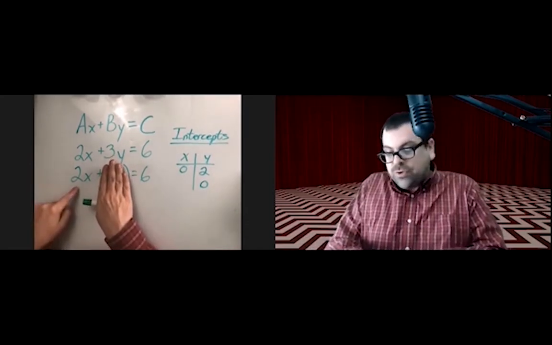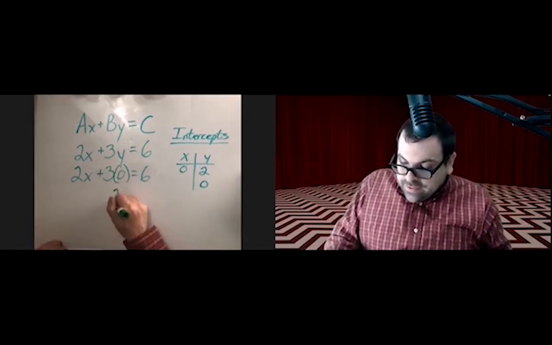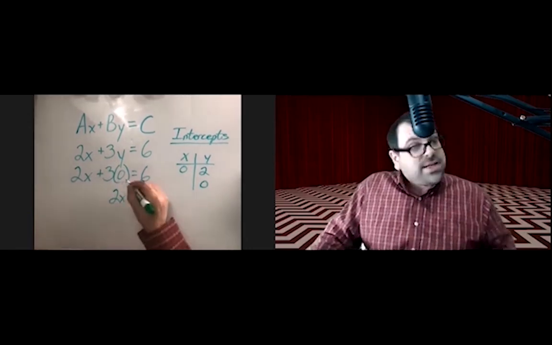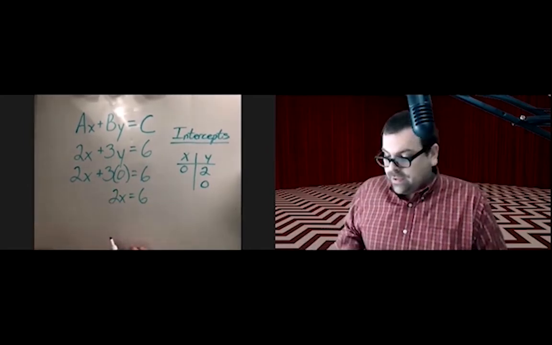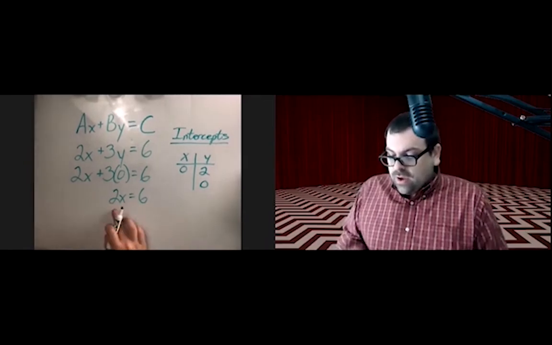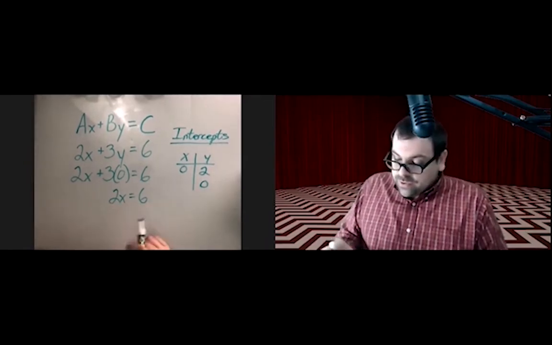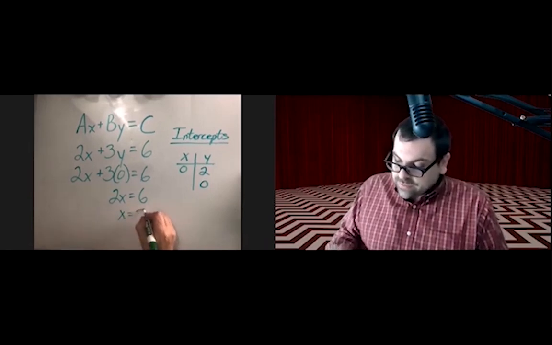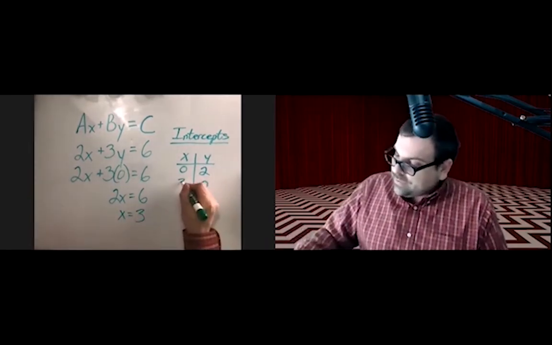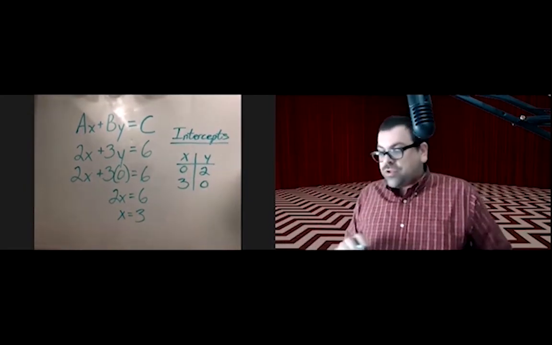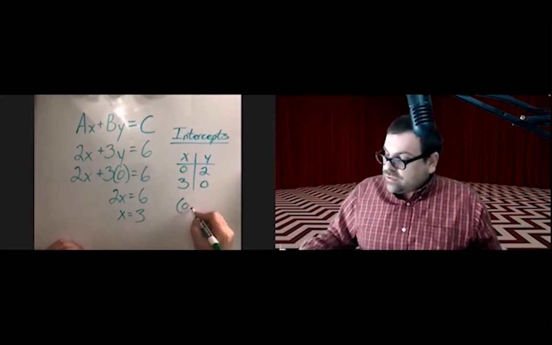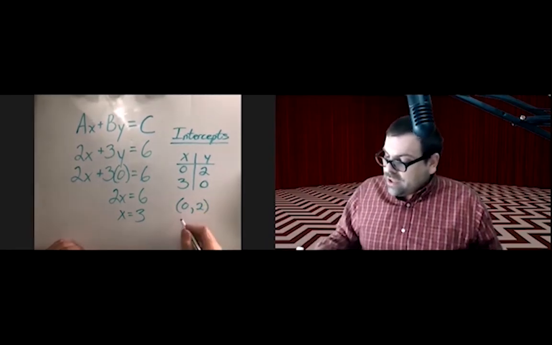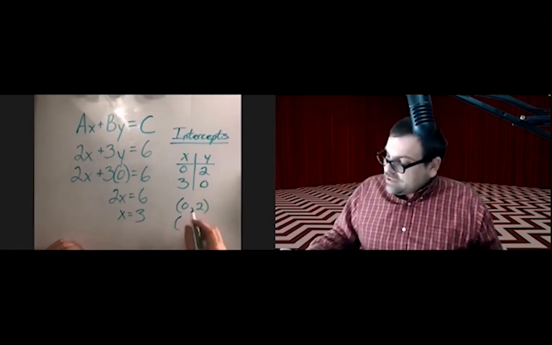Covering that up, we see 2x = 6. 3 times 0 is 0. 2x plus 0 is just 2x. Continuing to solve, divide both sides by 2. We get x = 3. This gives us 2 points that we can plot. The first row gives us the ordered pair (0, 2). The second row gives us the ordered pair (3, 0).